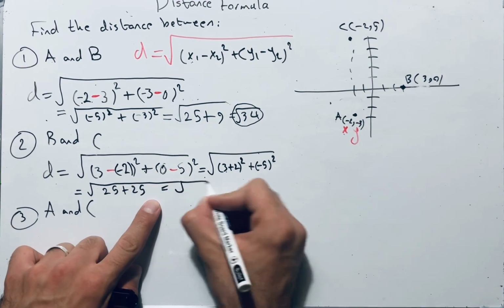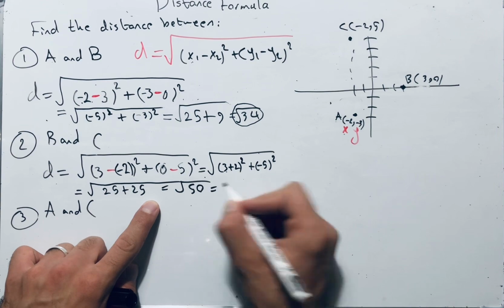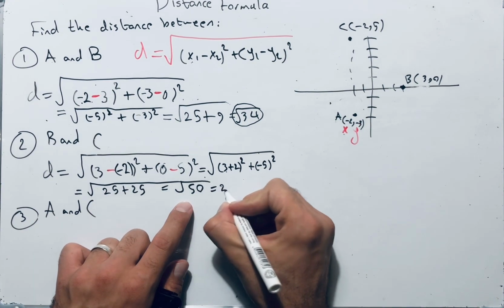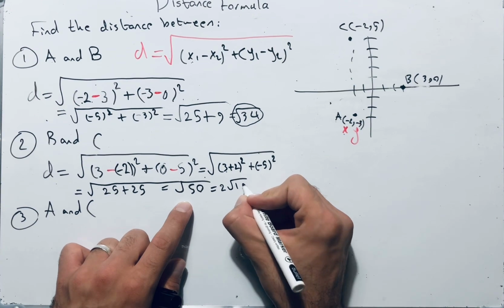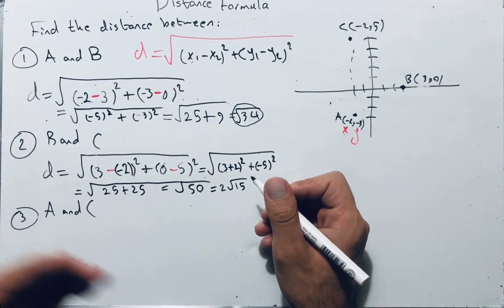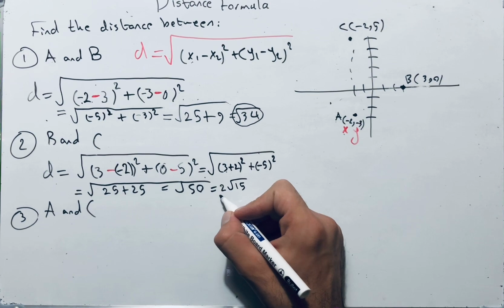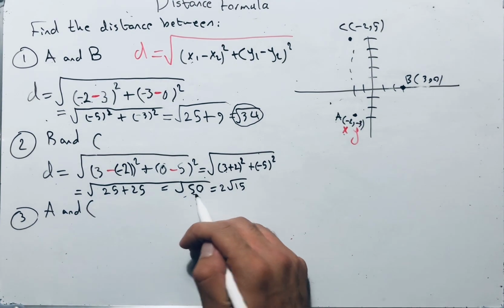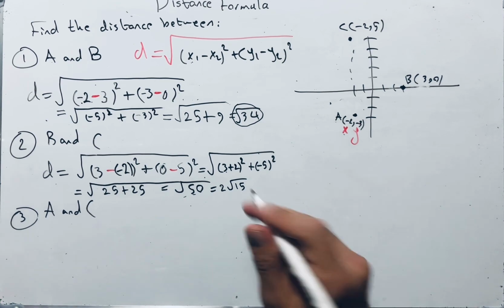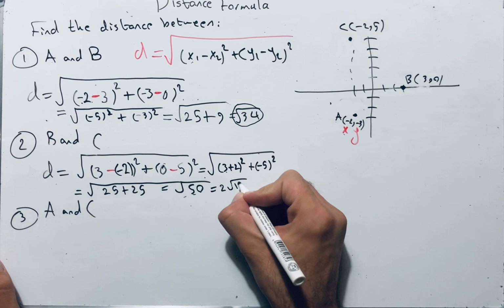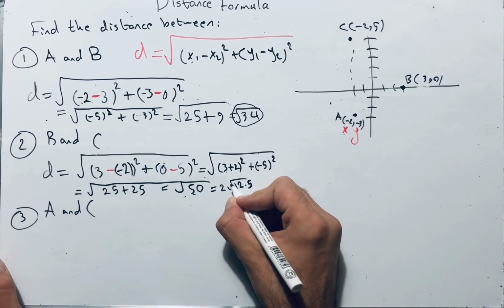So this is the square root of 50, or it can be simplified into 5 times the square root of 2, even though this is not necessary. So you can leave it like this. It doesn't really matter.